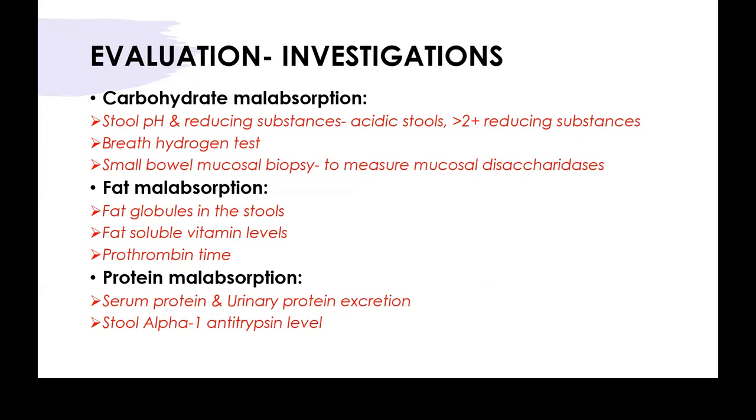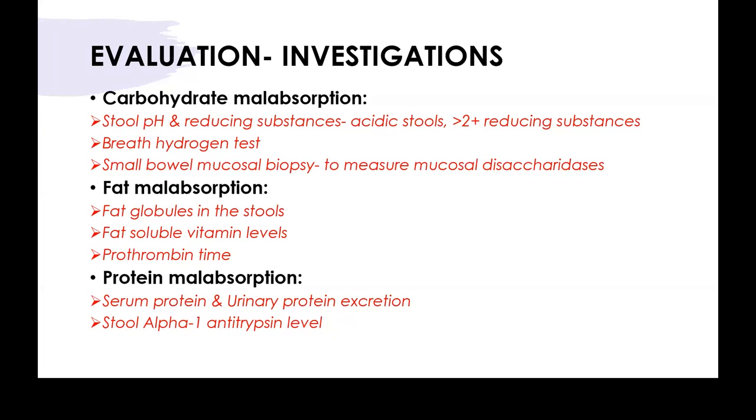And again, acidic stool means normally in adult or in bigger children, your stool pH is going to range between 5.5 to 6.5. In infants, your stool pH is going to be somewhere between 4.5 to 5.5. So when interpreting a stool pH, you have to consider the age as well.